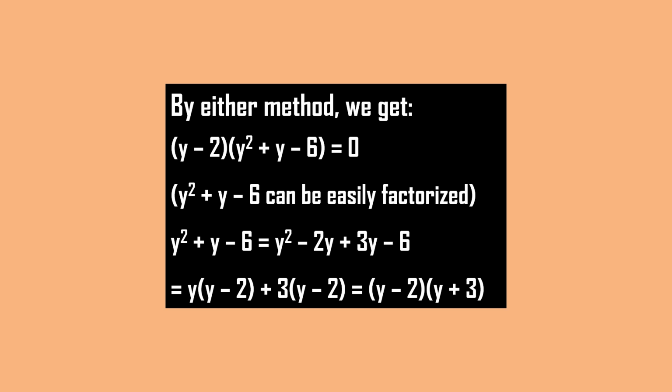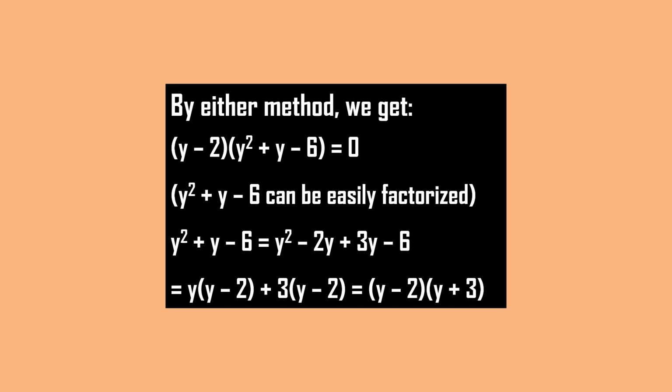So, y square plus y minus 6 can be written as y square minus 2y plus 3y minus 6, and y square minus 2y will give you y into y minus 2. 3y minus 6 will give you 3 into y minus 2. So you will get y minus 2 into y plus 3, that is for the expression y square plus y minus 6.